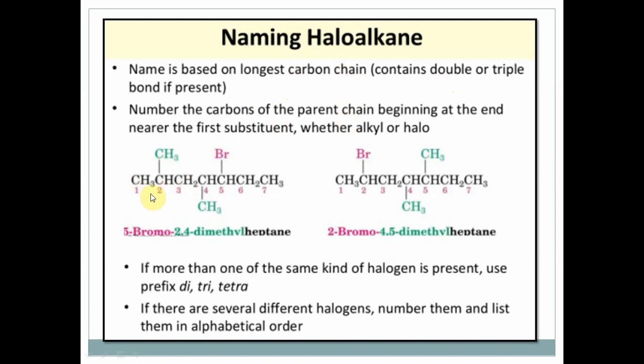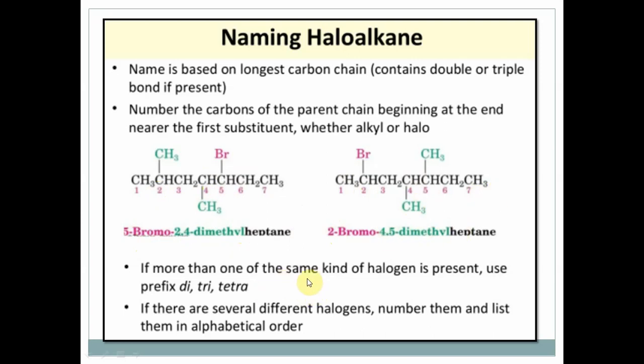Like here, 5-bromo-2,4-dimethylheptane. We start numbering from this side, and the second carbon gets the first substituent, then 4, then 5. For the naming we follow alphabetical order, so bromine comes first, so we write bromine before dimethyl. Again, 2-bromo-4,5-dimethylheptane.